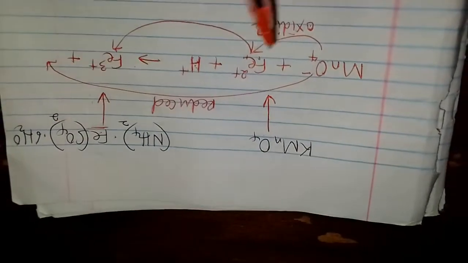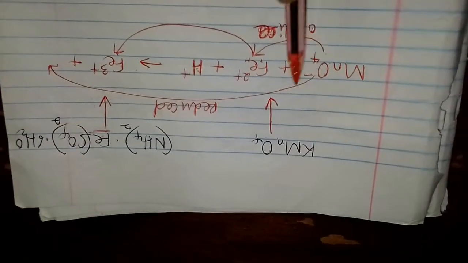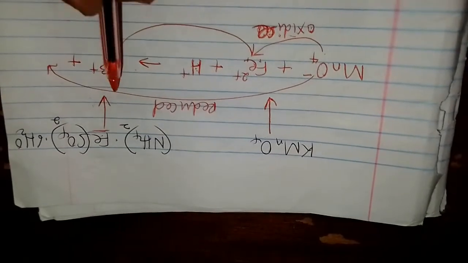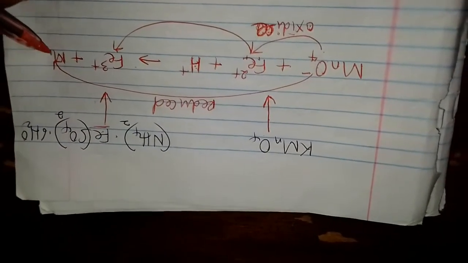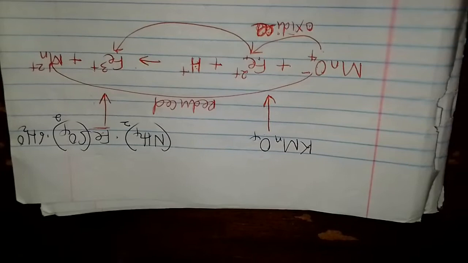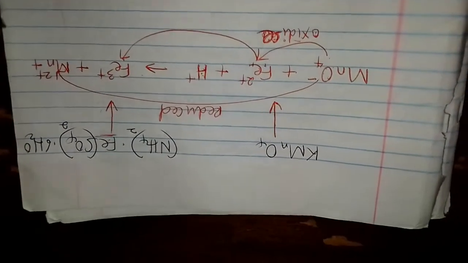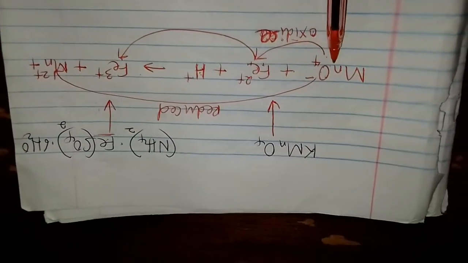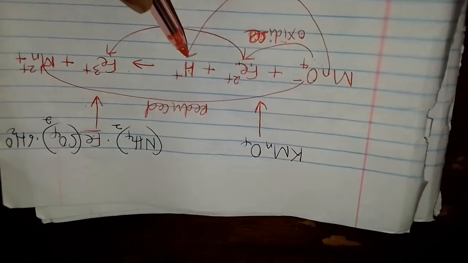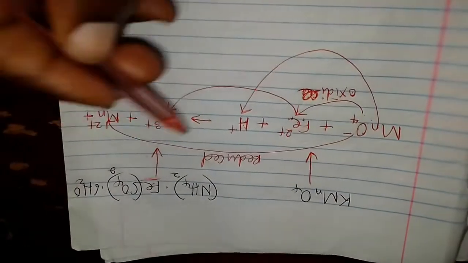And in chemistry, an oxidizing agent undergoes reduction, or it gets reduced. So it gets reduced to manganese 2 ions. Very good. Then plus, this oxidizing agent will also oxidize the hydrogen to form water.